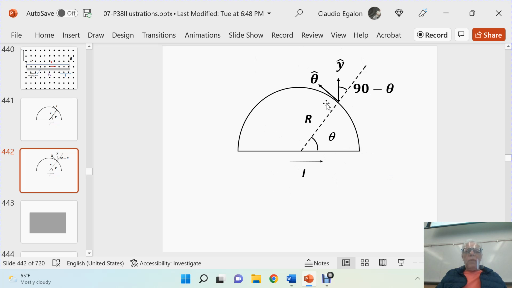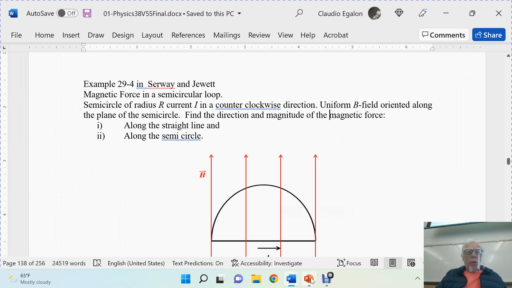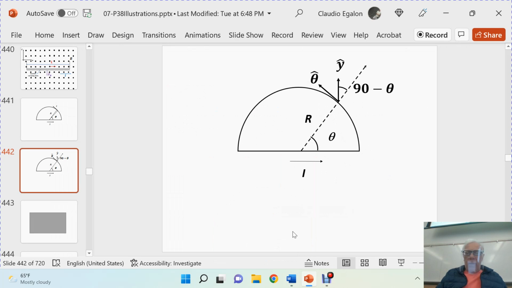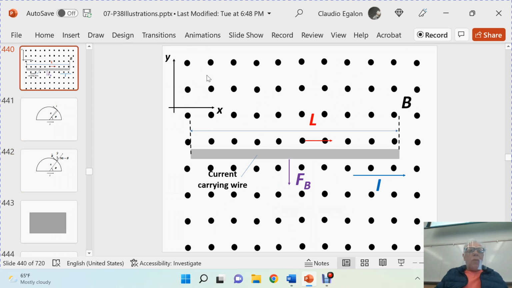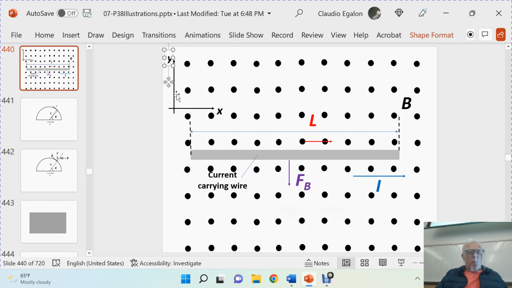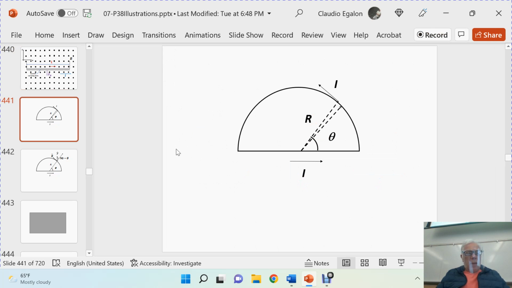The magnetic field is in the vertical, positive y direction, just like we have positive y right in here. Let's copy that. I'm going to put magnetic field lines, uniform magnetic field lines.